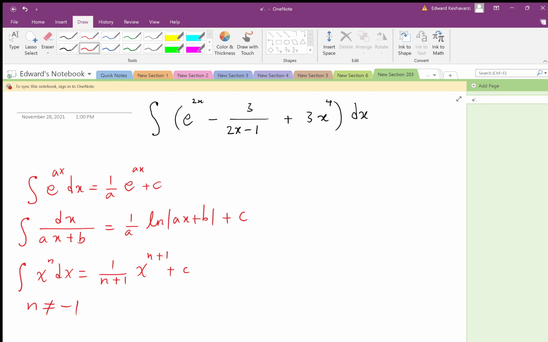Okay, if you look at these formulas, taking the integral wouldn't be a problem because all of them correspond to those formulas.